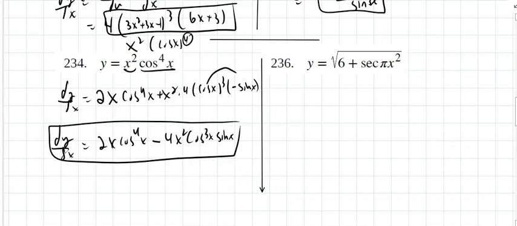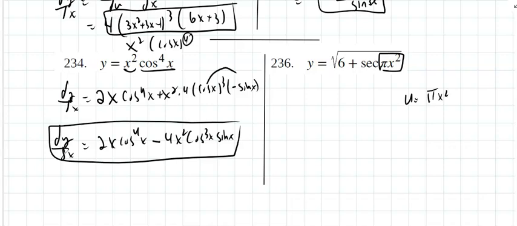And if I want to look at 236, I notice that inside is this, but it seems I have too many things to deal with. Let me do this the long way. The reason for that, I'm going to let u equal this angle. That's not an x.